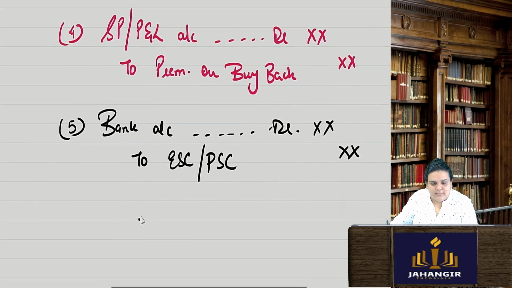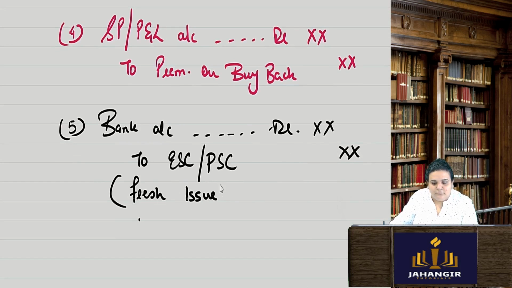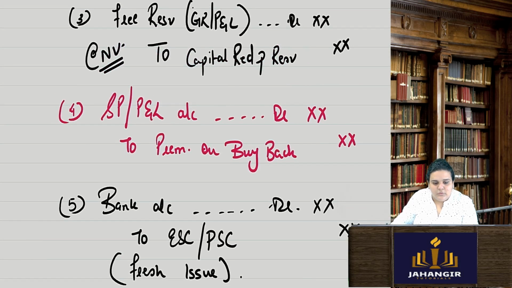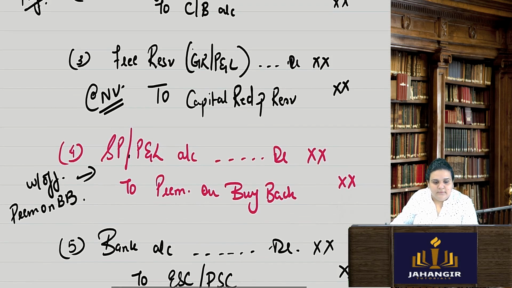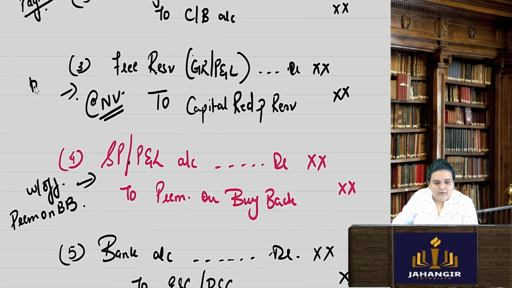So this journal entry is for the fresh issue. This is to write off premium on buyback. Correct? This is for transfer to CRR.